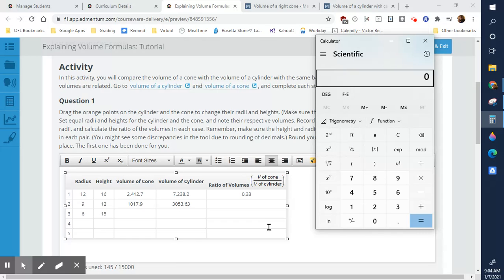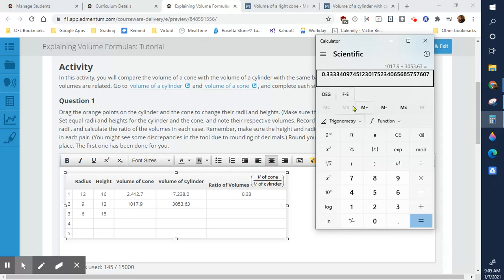So let's see what we have here. We're going to do 1017.9 divided by 3053.63. And I'm assuming they only want 2 decimal places, so it's 0.33.